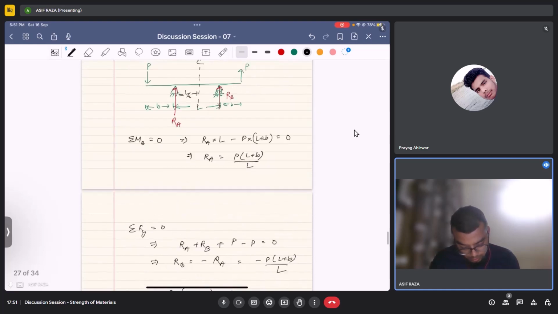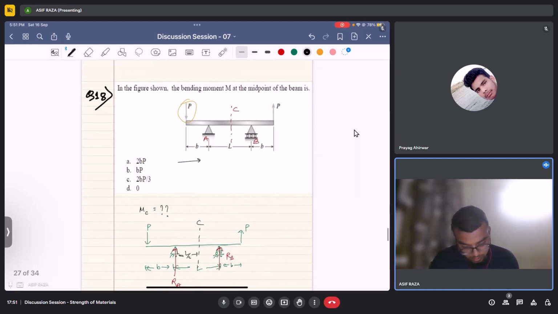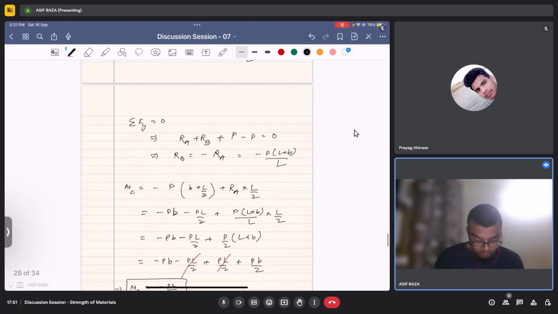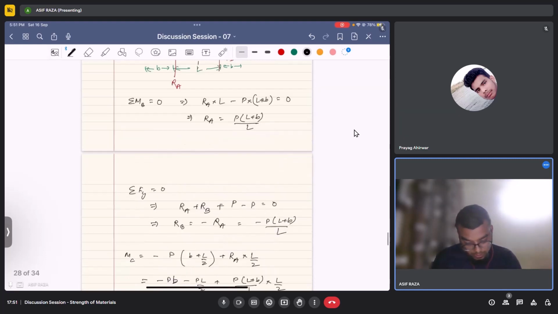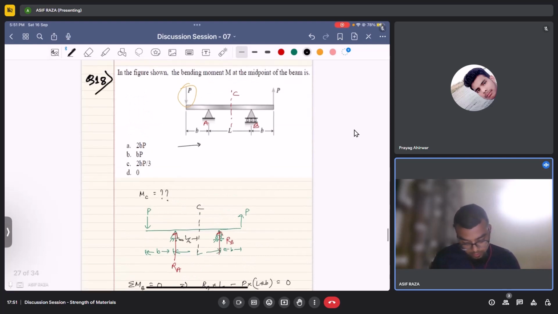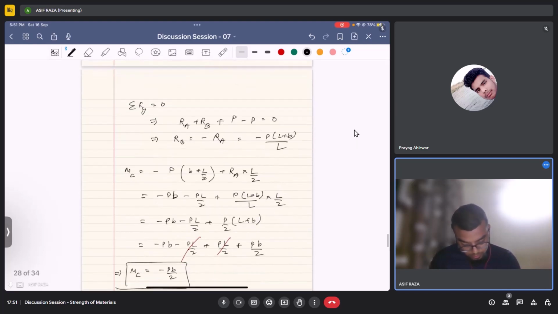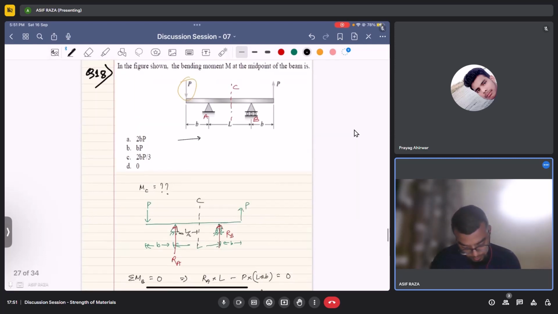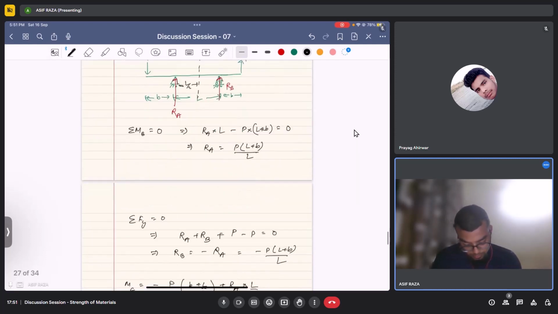Okay. Now moment at C, the bending moment M at the midpoint of the beam. That would be P times B plus L by 2, then RA times L by 2. Yes.